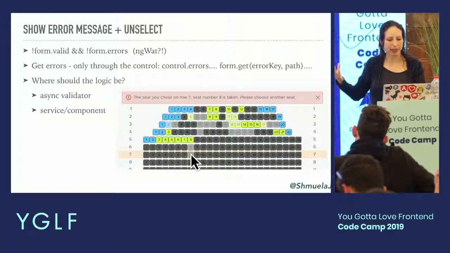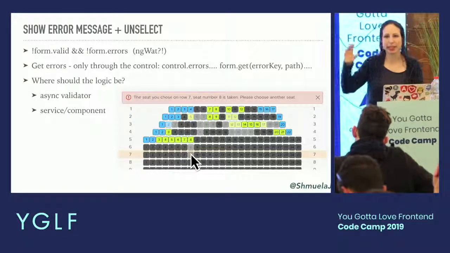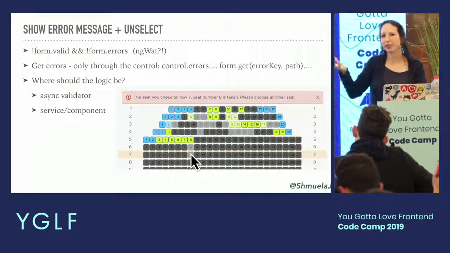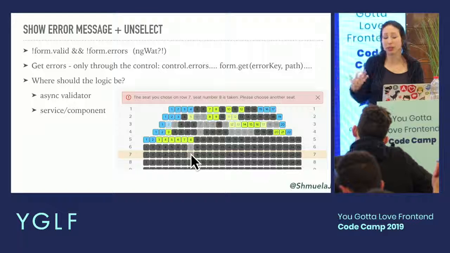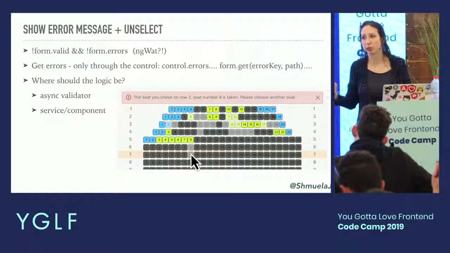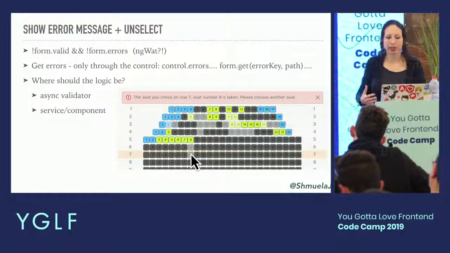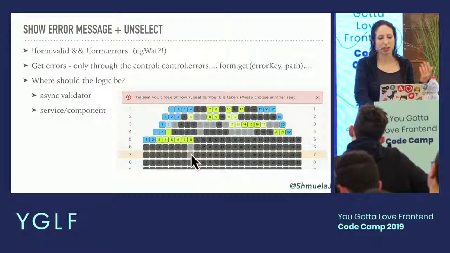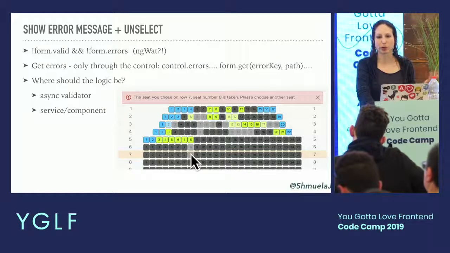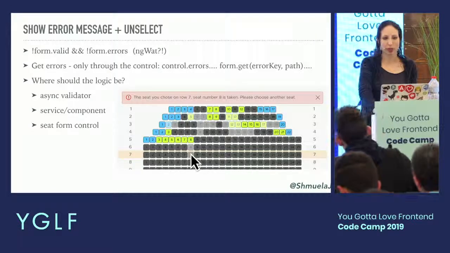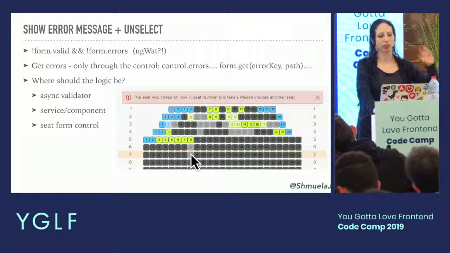So where do we do that? We can do this in the validator, but that will be like side effects of validators. Sometimes you may want to do this, but I didn't want to have side effect in this validator. So you can hold the logic in the service or the component where you created the form. But you can also hold the logic for it in the form control itself, which is what I did.